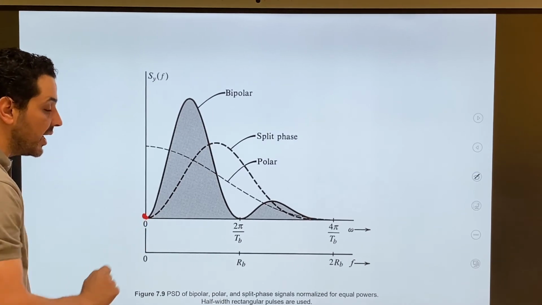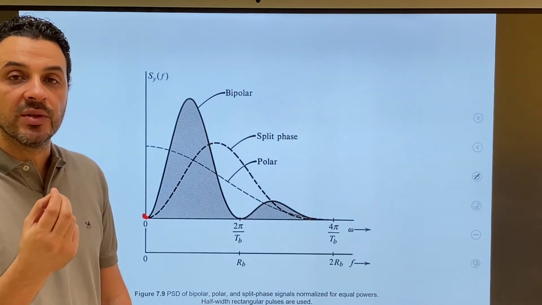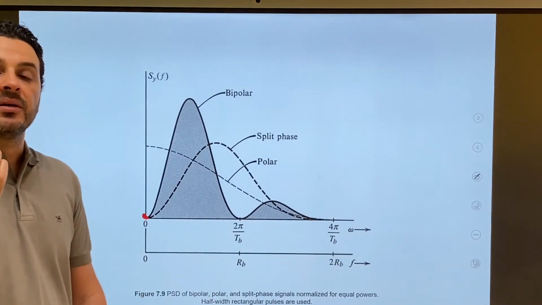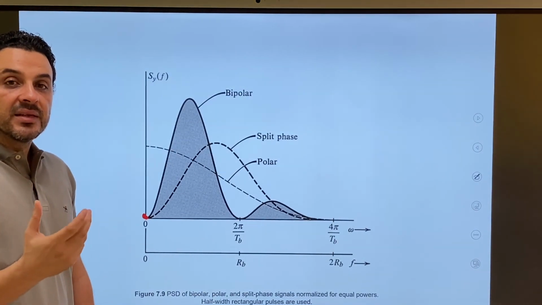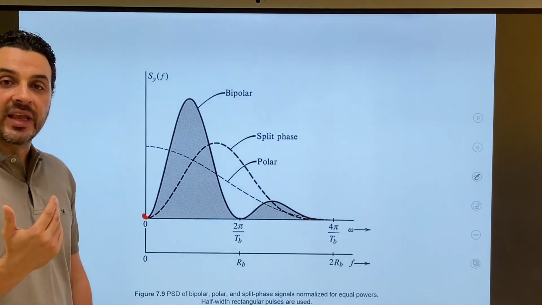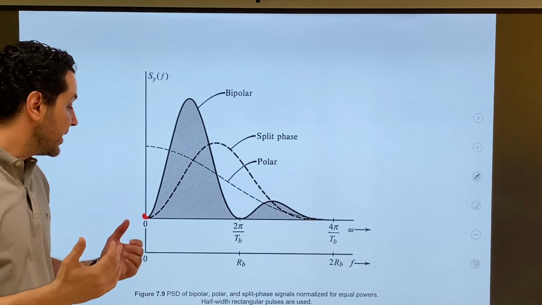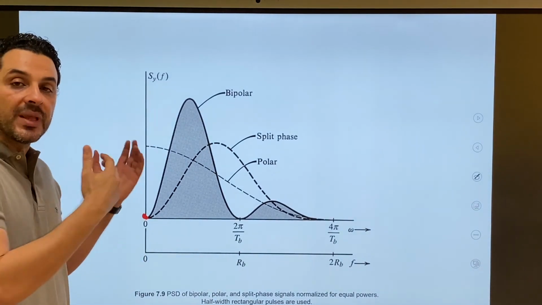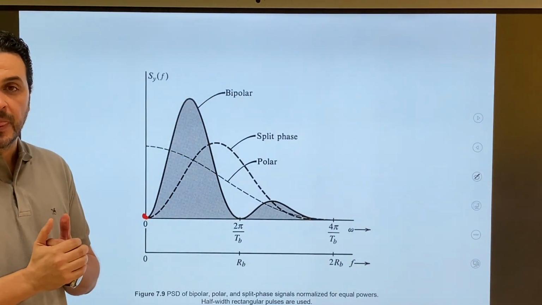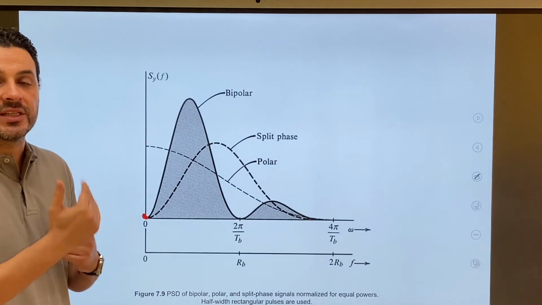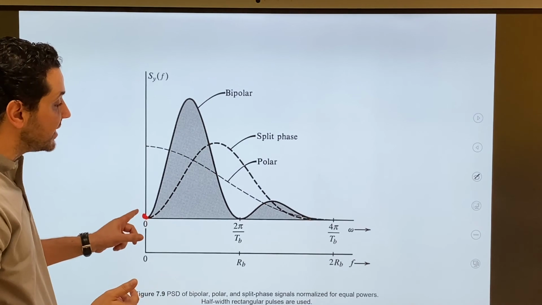It has a 0 at DC, and we said before that one of the good things about any line coding scheme is to have a 0 DC component, because the DC doesn't pass through the communication circuitry. You can imagine that there are some transformers in the middle that will not pass the DC. So if you put power on DC during the transmission, this power will not reach the other side. So you are losing this power anyway, and it's more power efficient to have a 0 at DC.